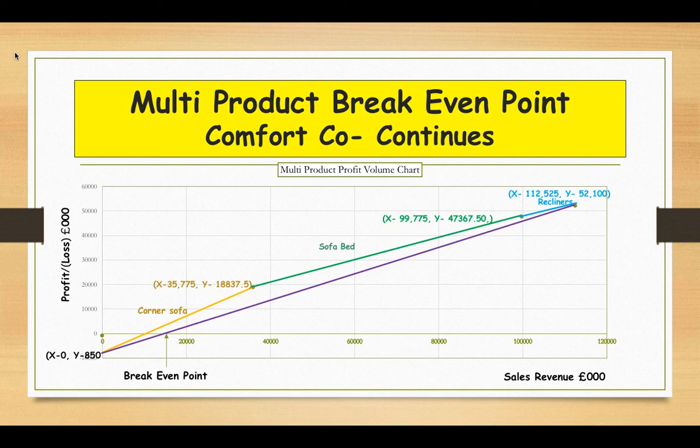Now, if you look at the purple line, that line joins the fixed overhead, which is minus 850,000, up to the final point. So you can see our break-even point, which we have calculated before, is 1.8 million odd pounds. So this is how we do a multi-product break-even chart.